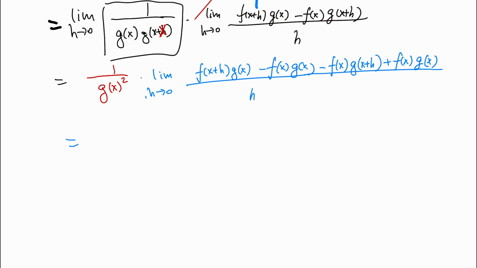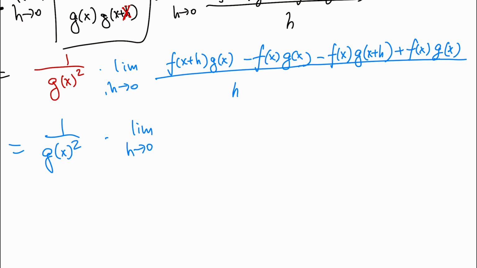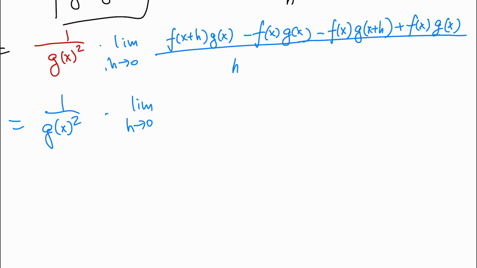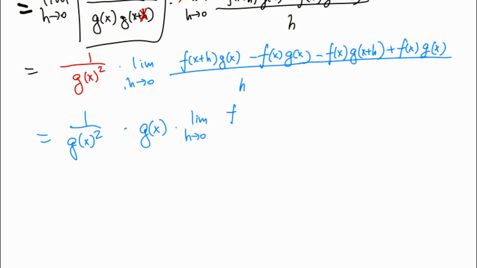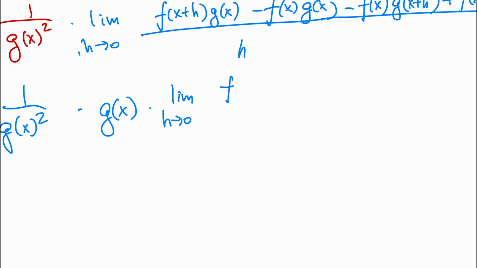And obviously our initial term is just this times the limit as h approaches 0 of, we can factor out. So that would just simply be, let's put it in front of the limit because it does not contain h. So g of x times the limit as h approaches 0 of f of x plus h minus f of x over h.